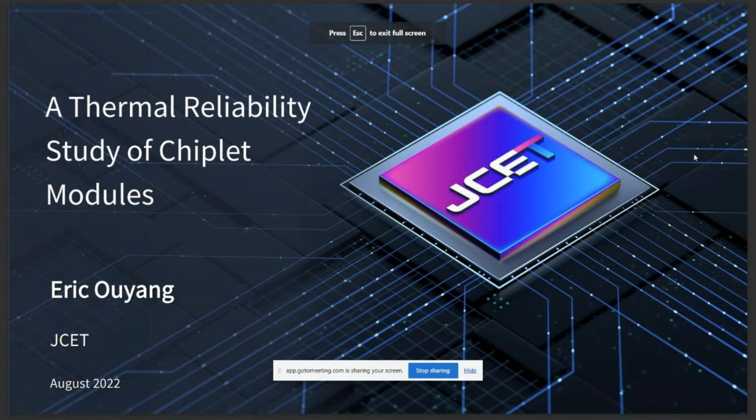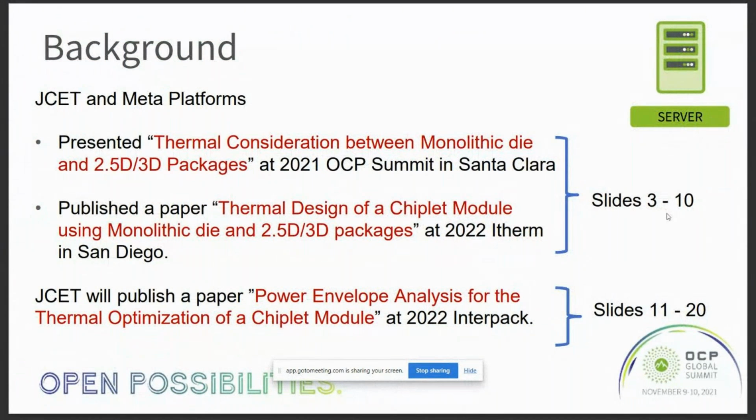Okay. Hello everyone. My name is Eric Ouyang. The title of my presentation today is a thermal reliability study of chiplet modules. Let me share a little bit of the background of this presentation.